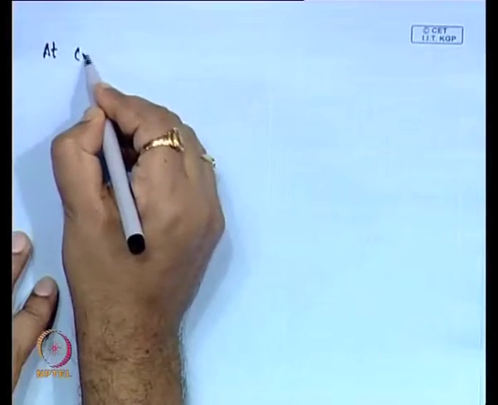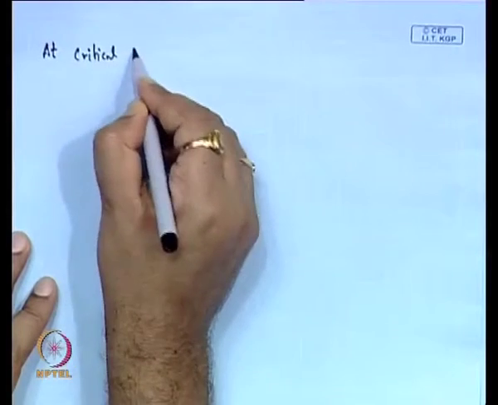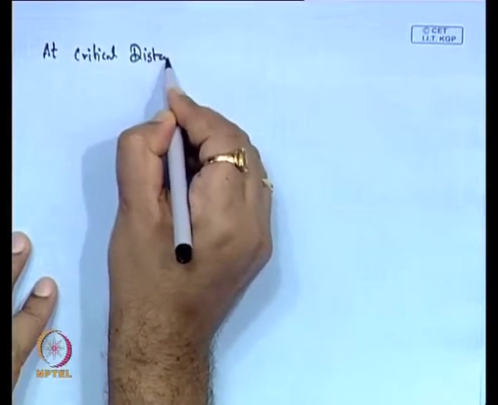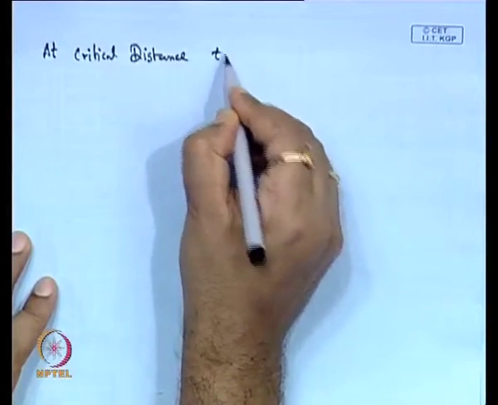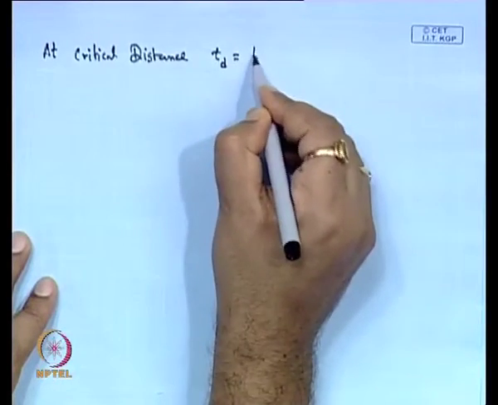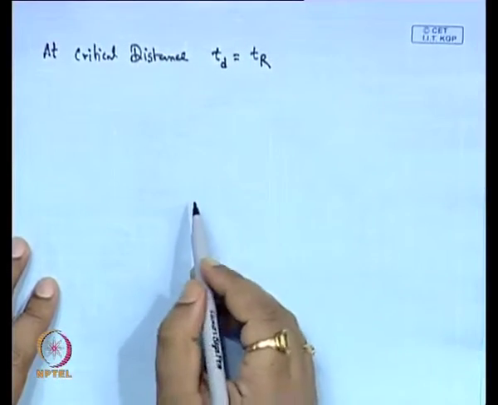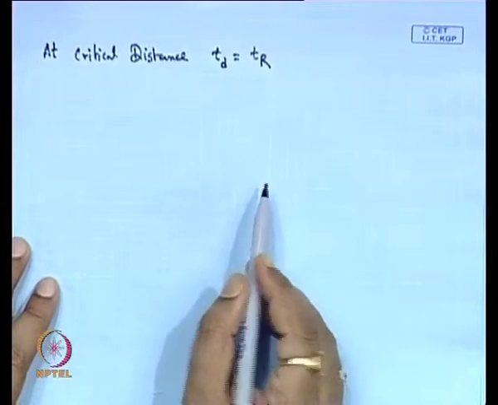So, suppose the C point is at the critical distance. So, at the critical distance T d will be equal to T r. That means the time required to travel by the direct ray and the refracted ray are both the same.